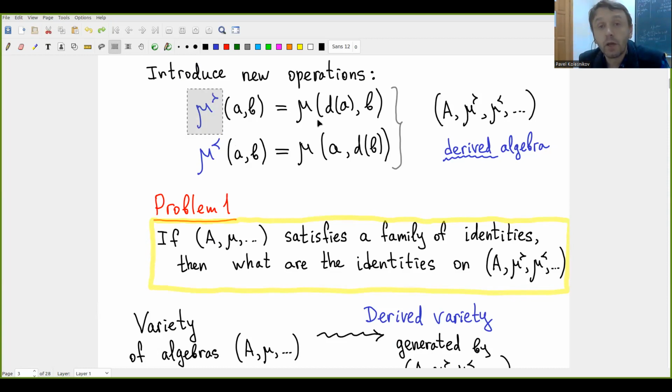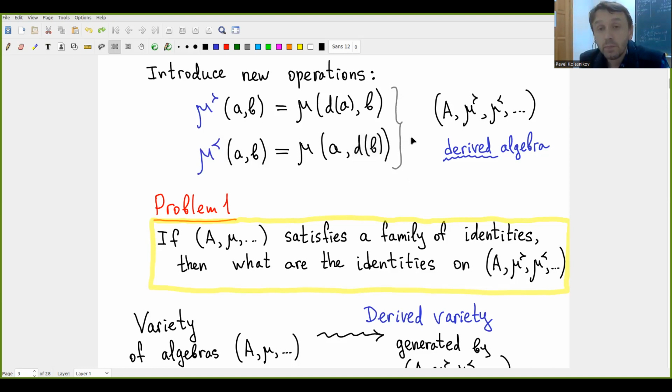Because we have to apply derivation D to the left argument, to A, and then multiply dA and B. And similarly, to define the right operation, let us apply the derivation to the second argument.